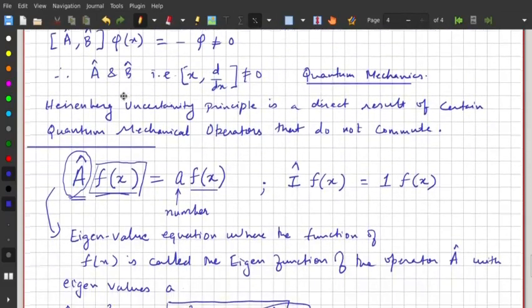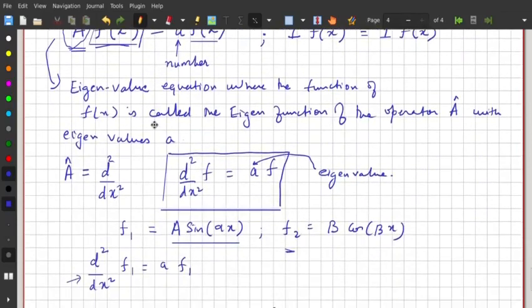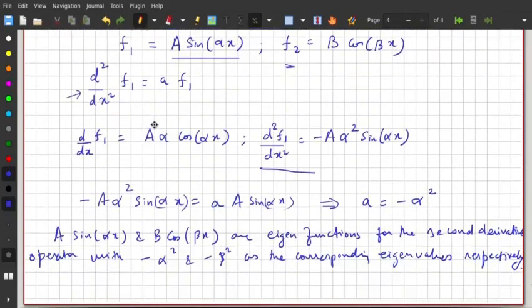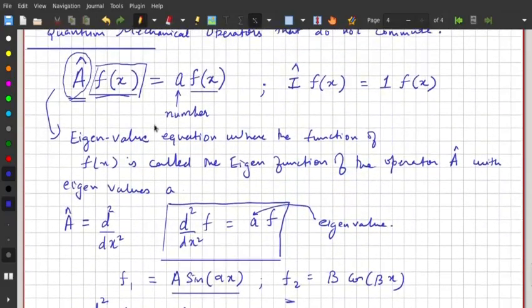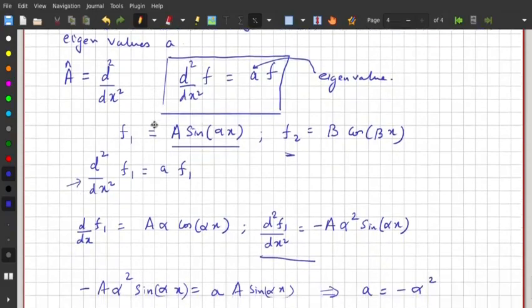We will discuss in more depth in later segments the relationship of commutators with, for example, the Heisenberg uncertainty principle in quantum mechanics. Then we discussed a basic idea of what we mean by eigenvalues, eigenfunctions, and an eigenvalue equation. We will see more specific, concrete physical examples where these concepts will be understood better in later segments.